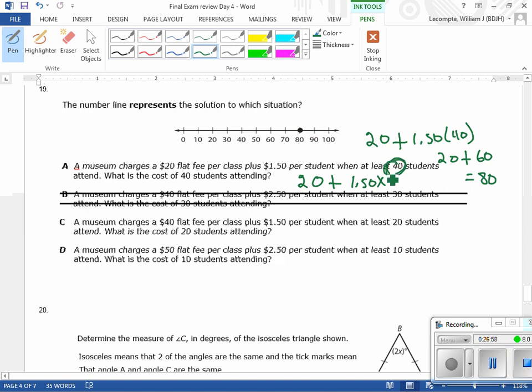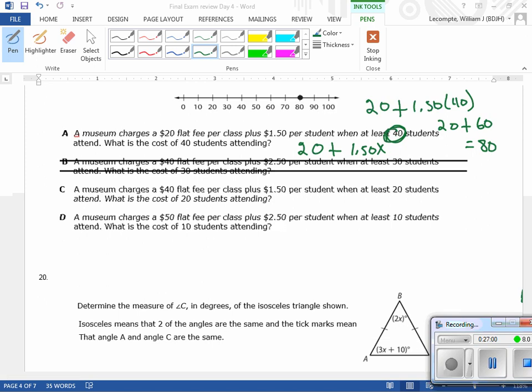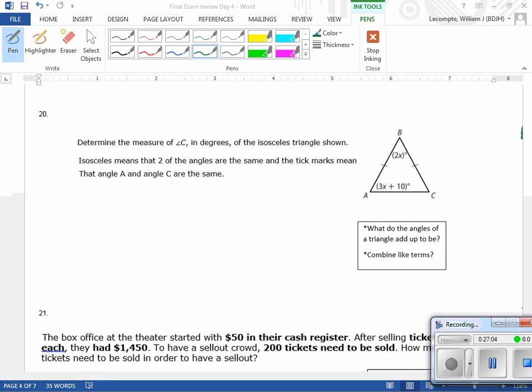Okay, this one really got a lot of kids. But if you look at it, isosceles means that you have two angles that are the same, right? And the tick marks tell you which angles they are. This tick mark points to this angle, and this tick mark points to this angle. So angle C is actually 3x plus 10 as well.